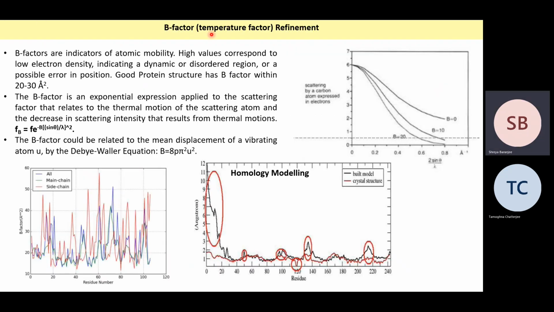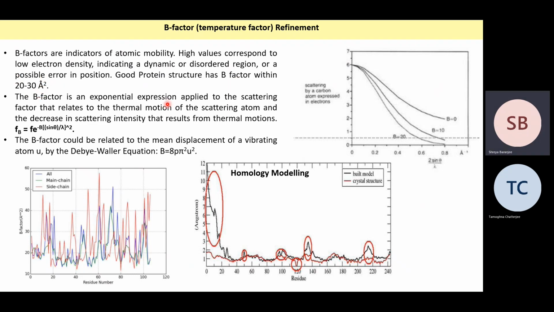And there is finally something called B factor refinement. B factor is an indicator of the atomic mobility. A high value of the B factor indicates that that specific region is very dynamic or disordered. High values of B factor can also indicate that we have made a mistake in predicting the protein structure. Good protein structures should have a B factor within 20 to 30.